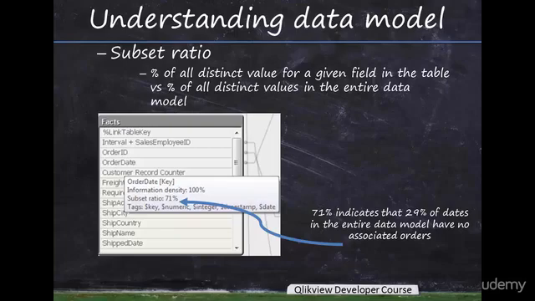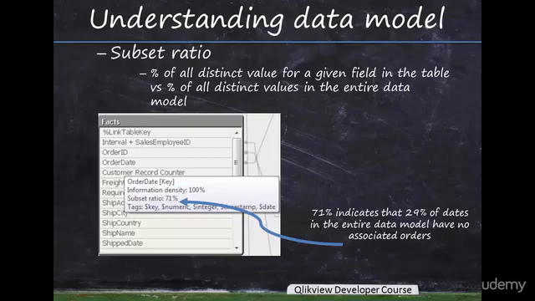So these two ratios are very important to you as a developer, and you've got to be cognizant about reviewing these ratios constantly to monitor your data load, understand your data model, and detect any data quality issues so that you can discuss this with the business user and find the appropriate resolution.